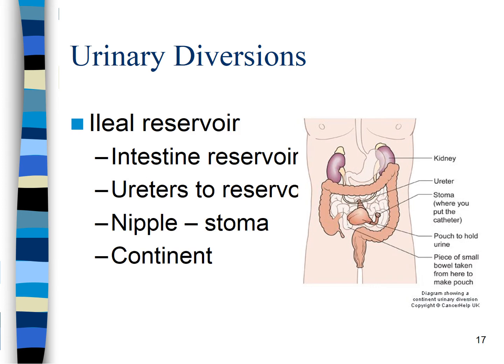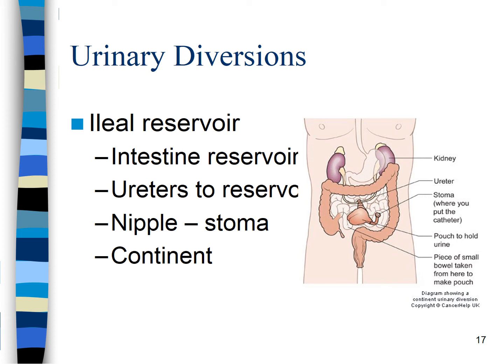Okay, so the ileal reservoir. The reservoir was made from part of the intestine, and the ureters are implanted to the reservoir with the stoma. There is a nipple that is created, and this is a continent type of procedure, which means that the client will have to be taught to self-catheterize him or herself to remove any urine.